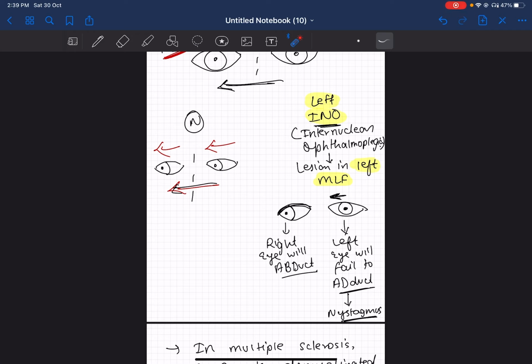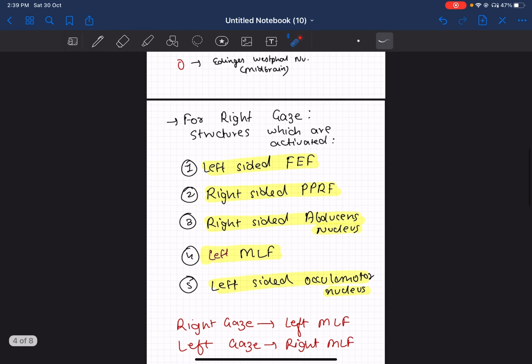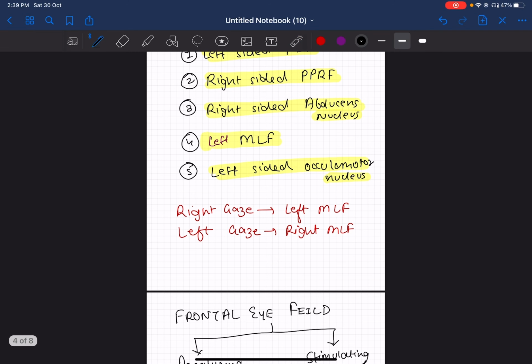Now, how do we say whether it is right INO or left INO? That depends on the MLF that is affected. As we have seen, in the right gaze, the left MLF is responsible. For the left gaze, the right MLF is responsible.